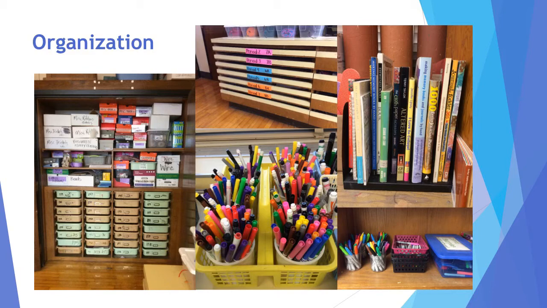This book photo is actually from my collage center. It has a bunch of altered book pages and bookmaking and paper ideas, collage books. So organization is very, very important. And later on in this presentation, I'm going to show you each of my centers and show you how I organize each center individually.